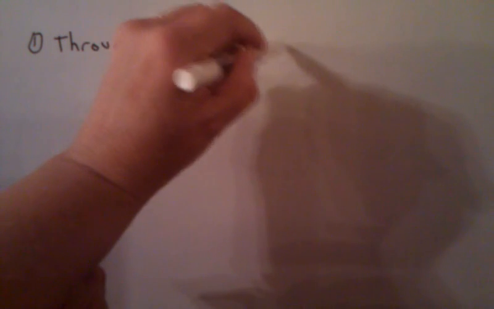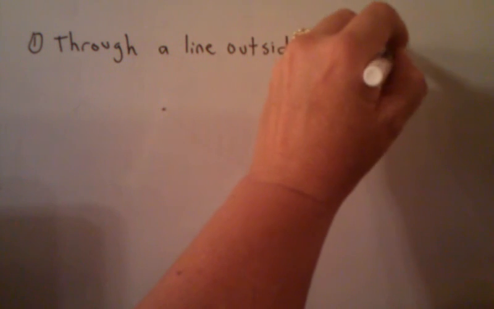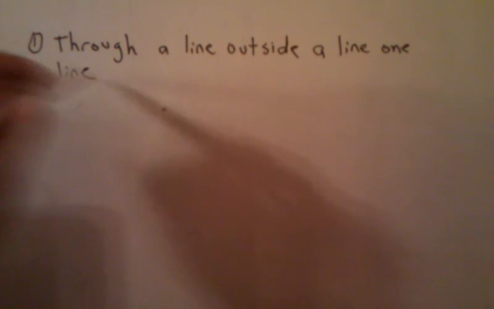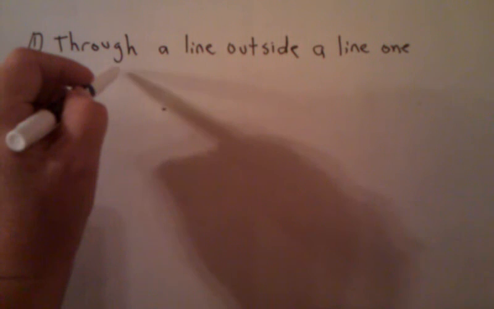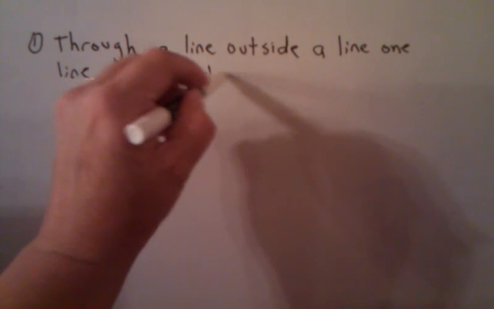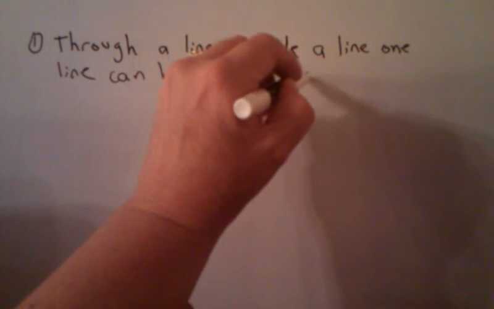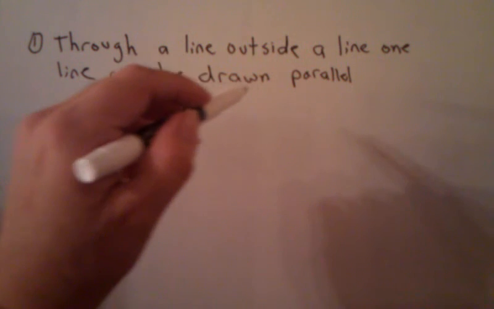Number 1. Through a point outside a line, one line can be drawn parallel to the line.